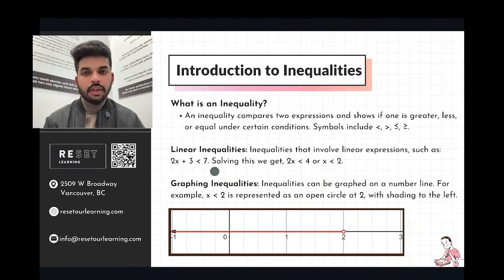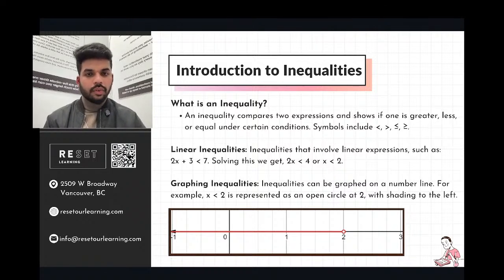We're going to solve this exactly the same way as we did equations. We subtract 3 on both sides, so we get 2x less than 7 minus 3, which is 4. Dividing both sides by 2, we get x less than 2.